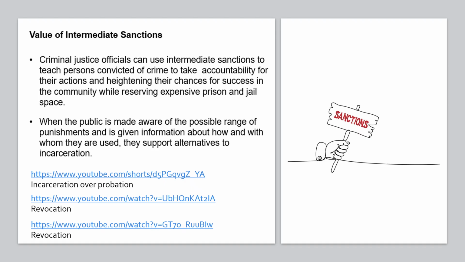When the public is made aware of the possible range of punishments and is given information about how and with whom they are used, they support alternatives to incarceration. So when you look at it in a public view, of course, they're going to want to go with the one that is going to cost less money than what is going to cost more money.